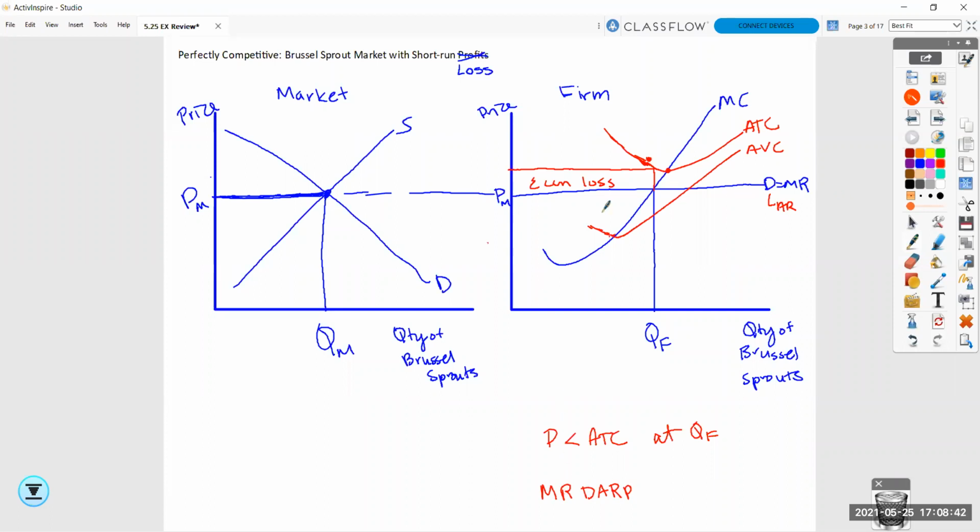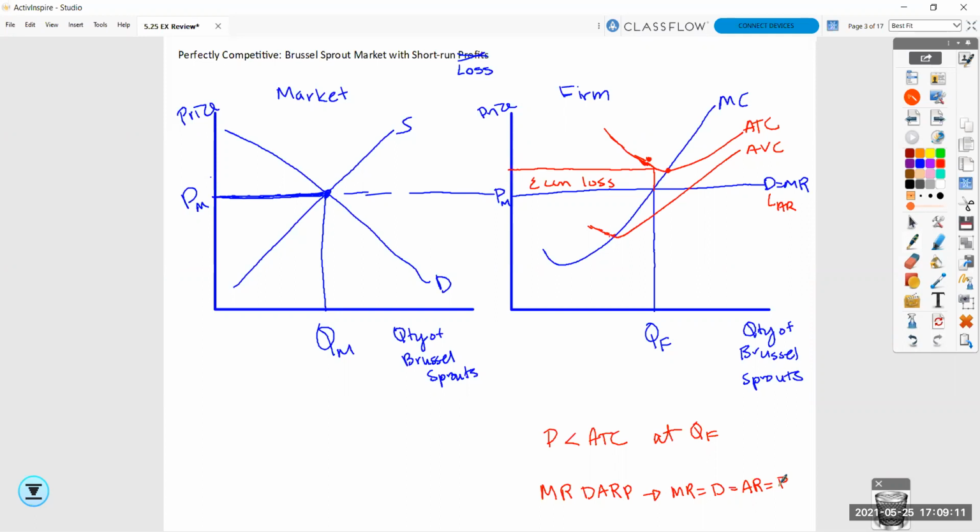I want you to understand the Mr. DARP. And what this is telling you is that marginal revenue is equal to the demand, which is equal to the average revenue, which is equal to the price. Good afternoon, Kayla. So that's what the Mr. DARP is for, just to remind you that that horizontal line is all four of those. It is a really good double check on that.